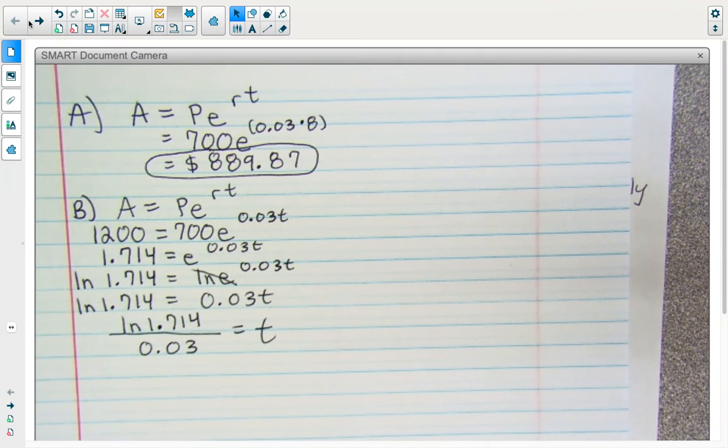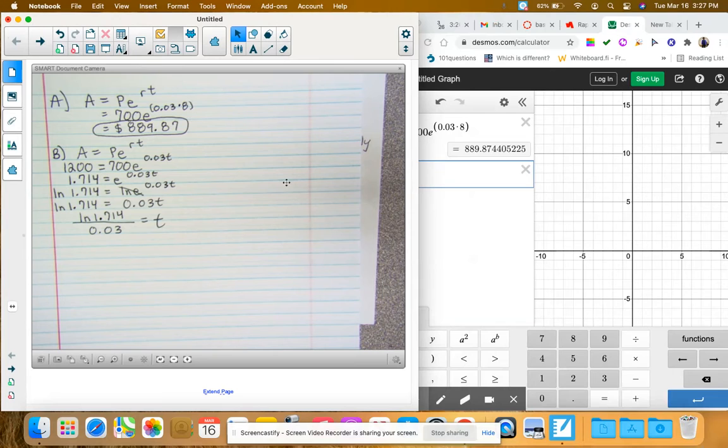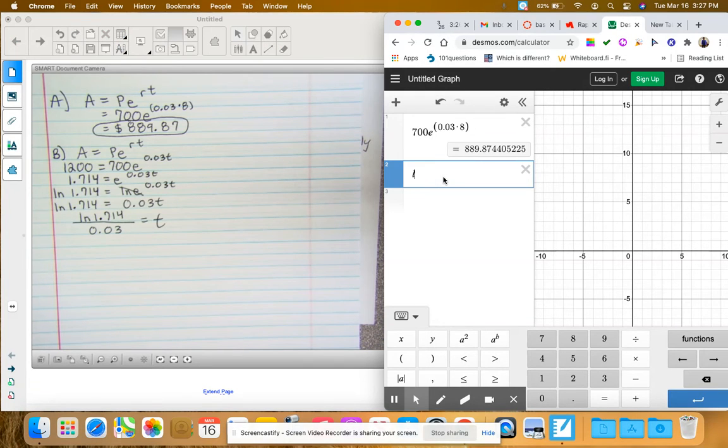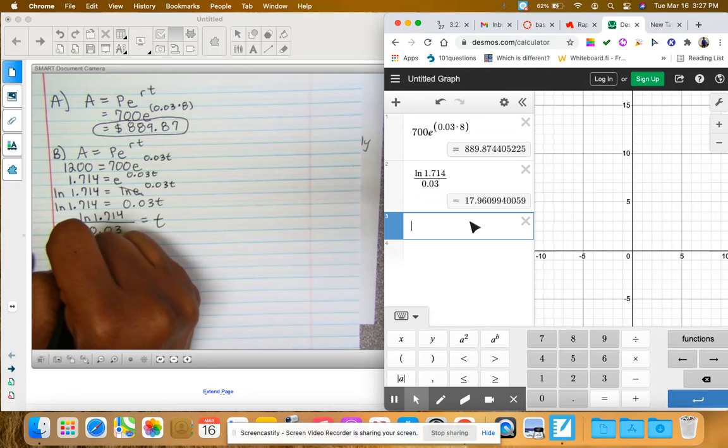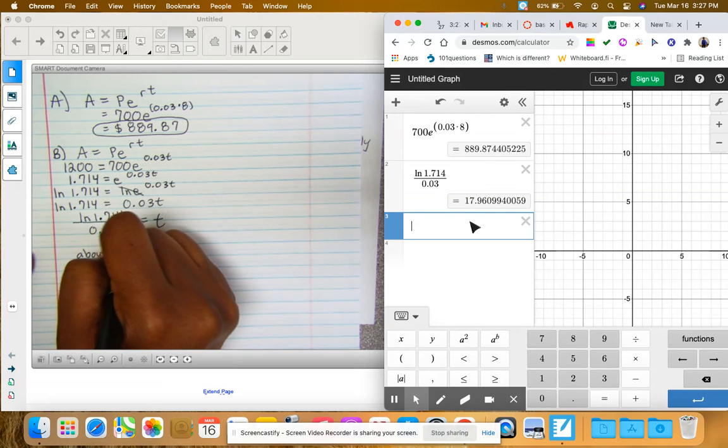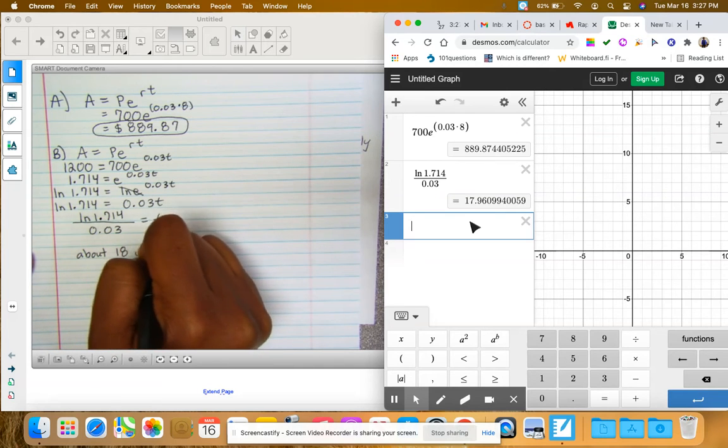I'm going to type this in decimal so we can get an approximation for our time period. So the natural log of this divided by this gives me 17.96, but since I'm working with years, I'm going to round. I'm going to say about 18 years.